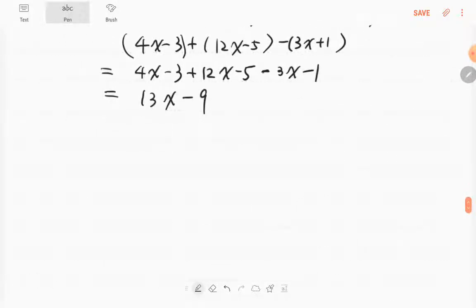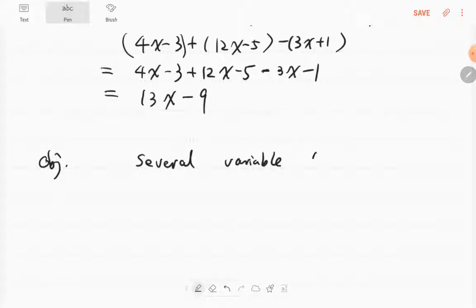So next, we try adding and subtracting if we have several variables. We still need to combine the like term. Only the like terms can be combined, okay?